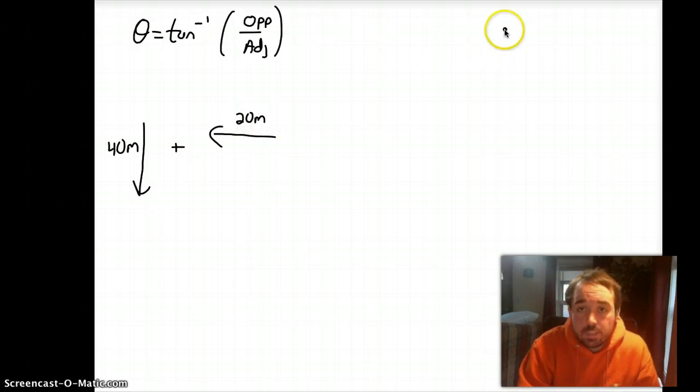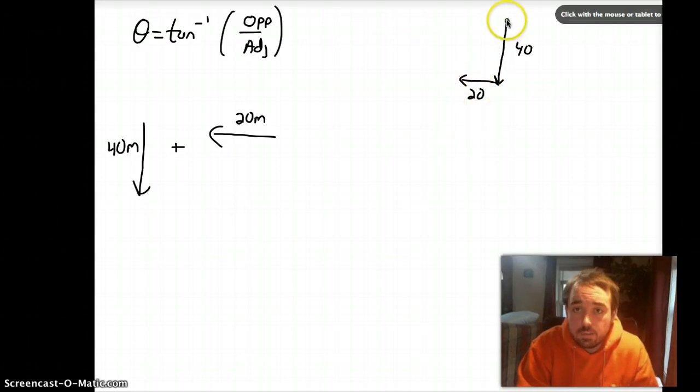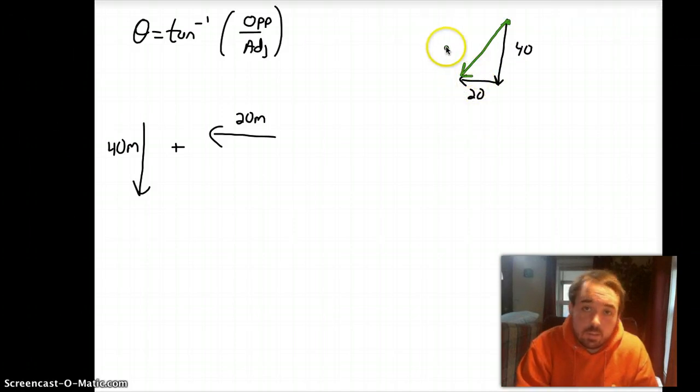We draw tip to tail. We want it relatively to scale, so if that's my 40, 20 is half of 40, so I want something about there. And my resultant is going to be from where I start, pointing down to where I finish.